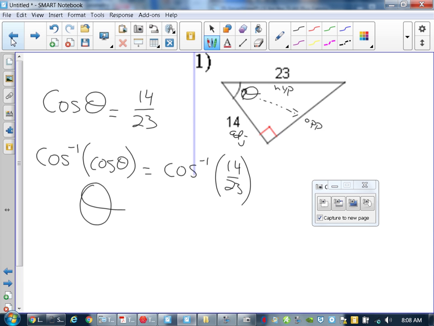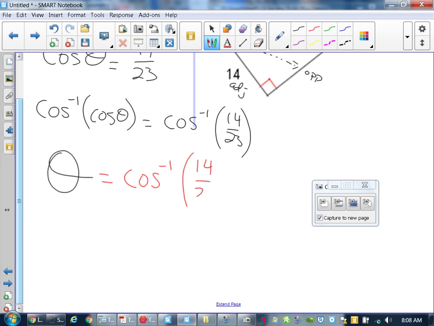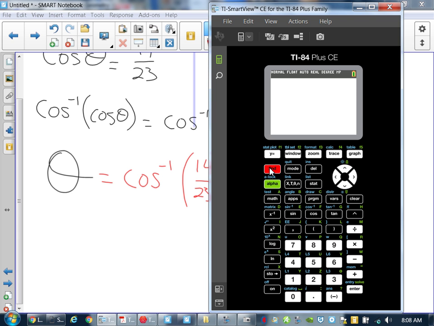So if I go back to what we had here a second ago, we have that theta is going to equal the inverse cosine of 14 divided by 23. Well, here's all you have to do in the calculator. You press second cosine. Notice how it makes a parenthesis?